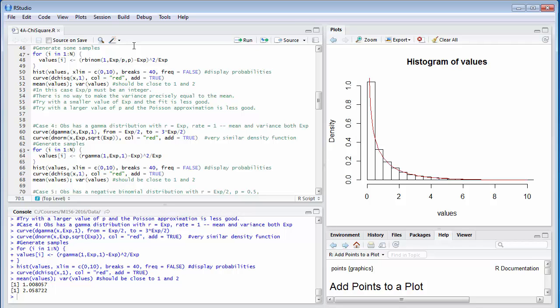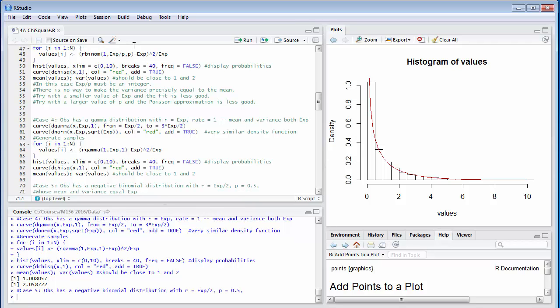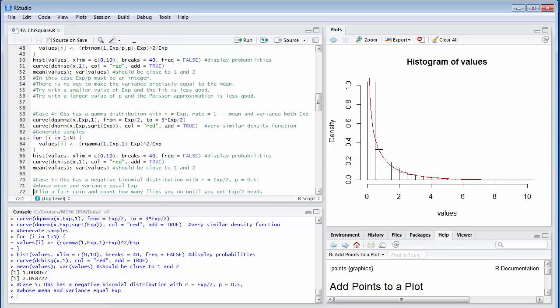Here's one last example, the so-called negative binomial distribution. Suppose you take a fair coin, flip it, and count how many flips you have to do until you get exp over 2 heads. Clearly, the expected number of times you're going to have to flip it is exp, in which case you get equal numbers of tails and heads.